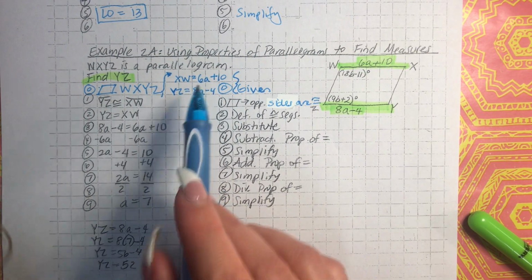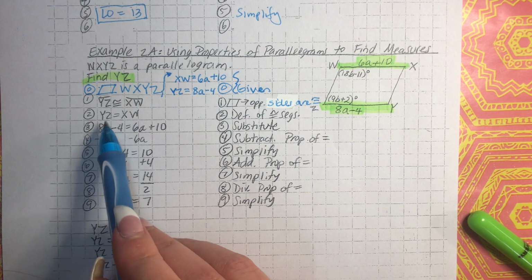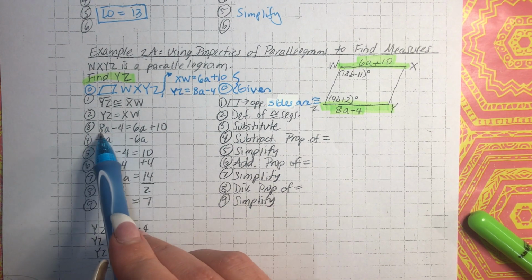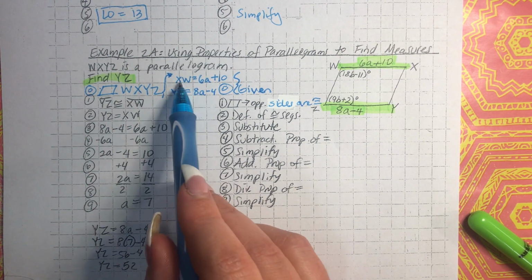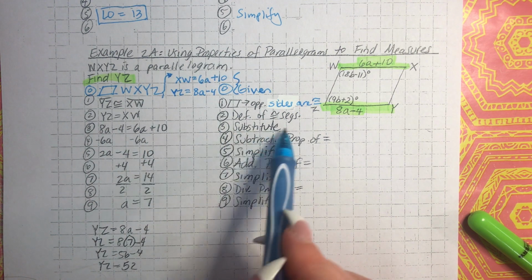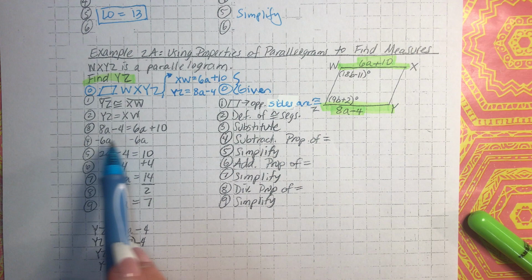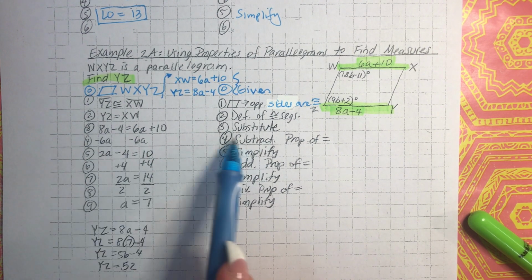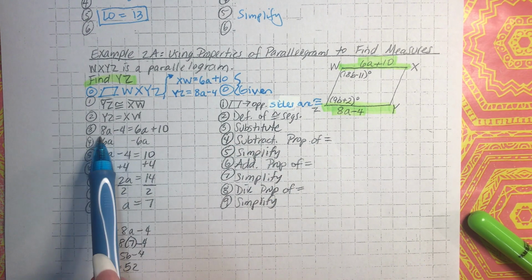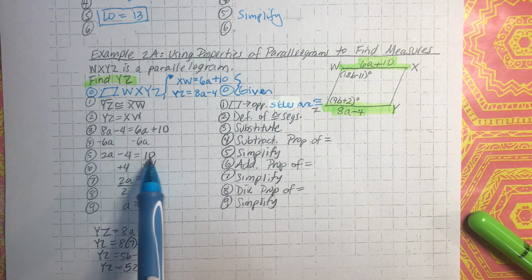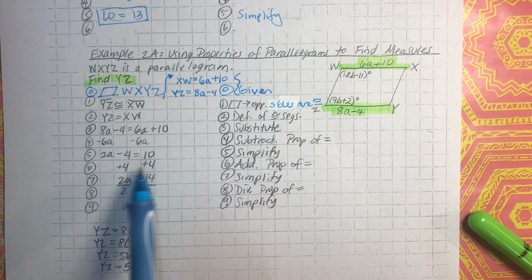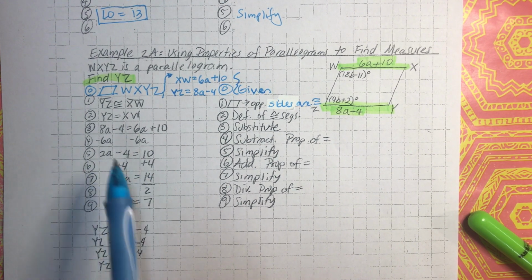Since we stated that as the given information, now we can substitute that in. YZ is 8A minus 4, and XW is 6A plus 10, just substitution. Now we're just trying to figure out what A is, right? So we're going to get the variables on the same side, using the subtraction property of equality. 8A minus 6A is 2A. Then the addition property of equality, add 4 because we're trying to get the A by itself.